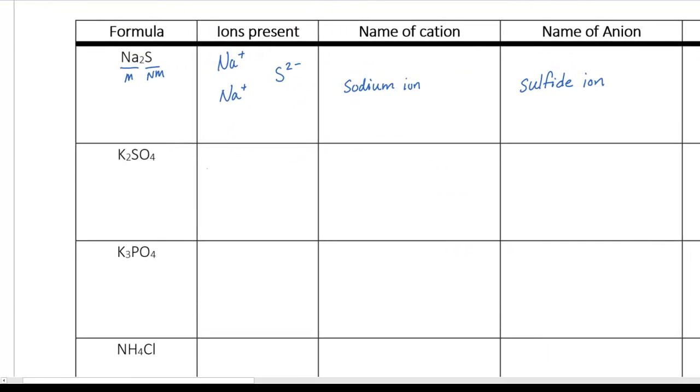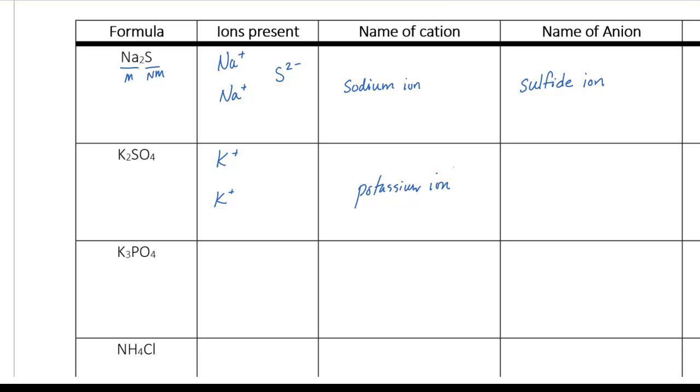In this case, we see that we have another metal, our potassium ion here, but this time we have something that looks a little odd. It's definitely not a sulfide ion because there's oxygen present.